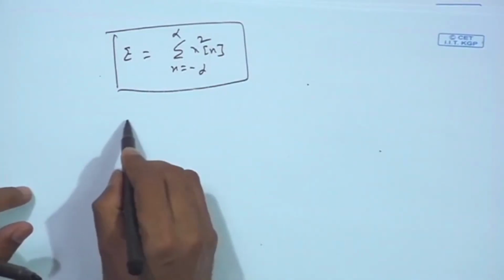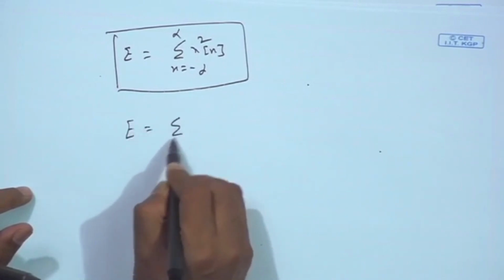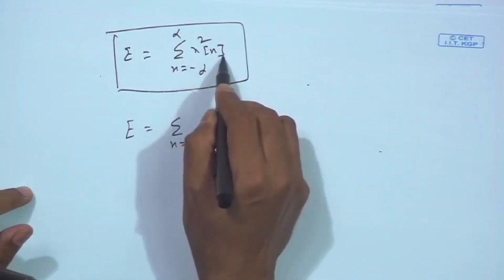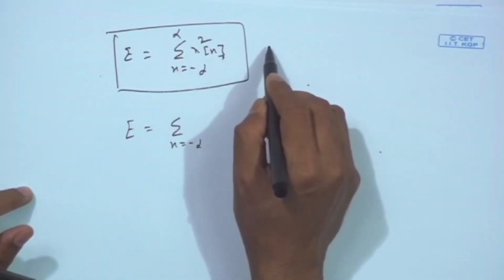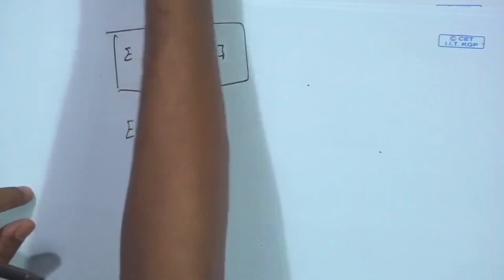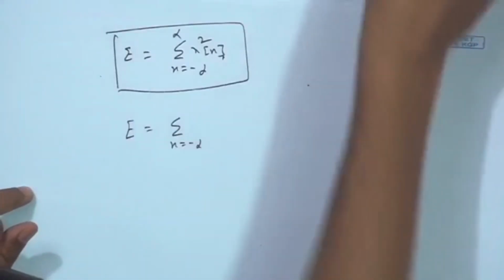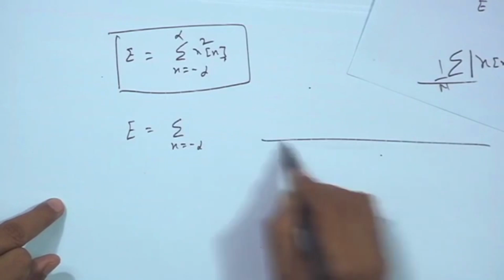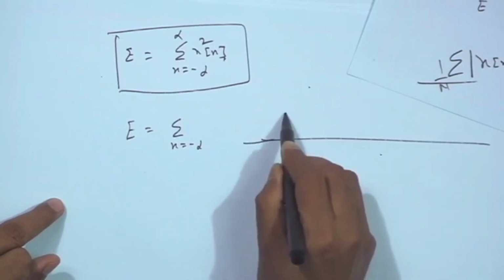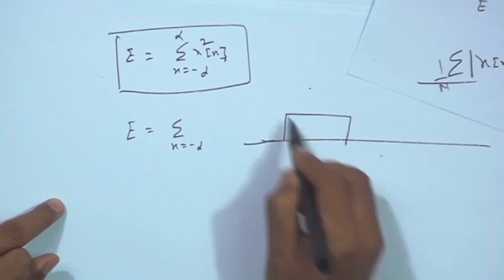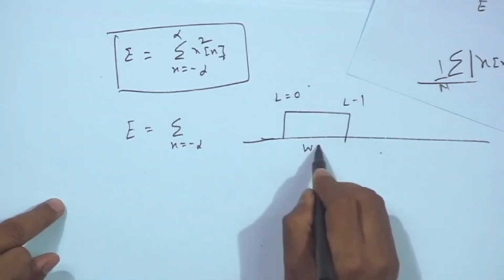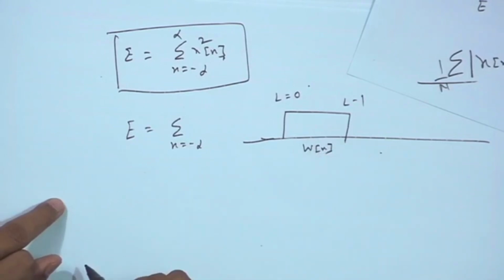So, instead of taking the whole signal at a time, I will multiply the signal by a particular window. So, I cut the signal with a particular window. There is an infinite length signal, and I place a window over the signal, for n equal to 0 to L minus 1, which is w of n.